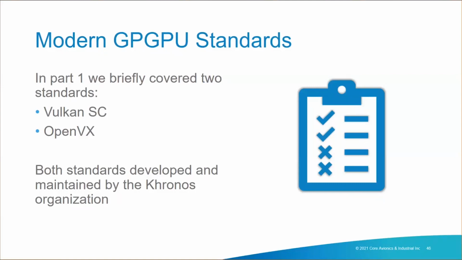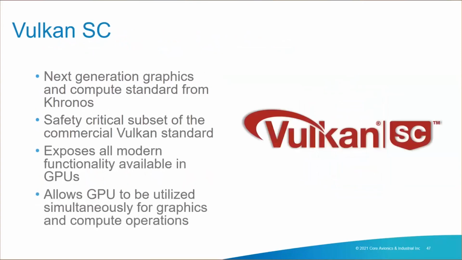If you're not familiar with Khronos, they're the standards body responsible for the OpenGL, OpenCL standards. And they also have working groups within the organization that are focused on doing safety critical variants of these standards for example, the avionics market. Now, Vulkan Safety Critical, or Vulkan SC, is the next generation graphics and compute standard from Khronos.